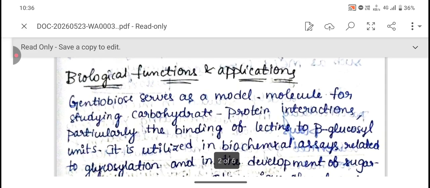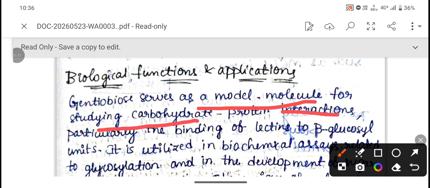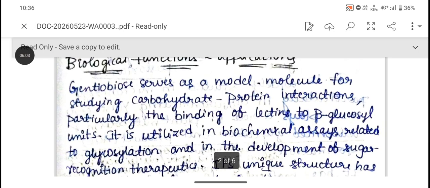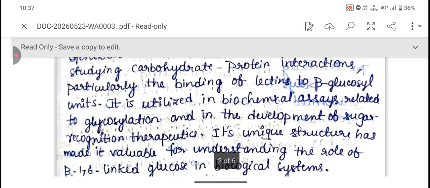Let's see the biological functions and applications. Gentiobiose serves as a model molecule for studying carbohydrate-protein interactions, particularly the binding of lectins to beta-glucosyl units. It is utilized in biochemical assays related to glycosylation and in the development of sugar recognition therapeutics.